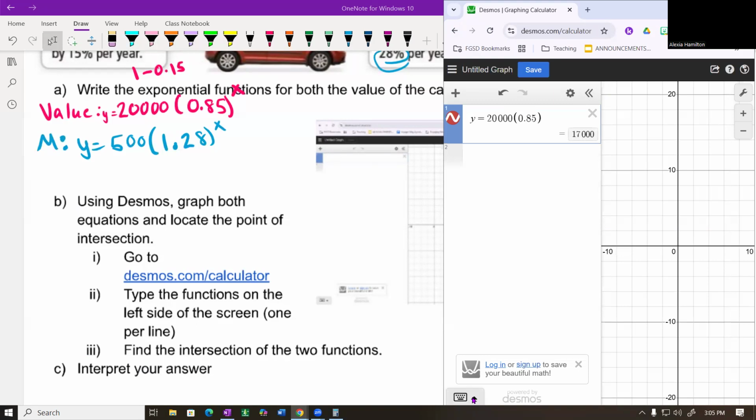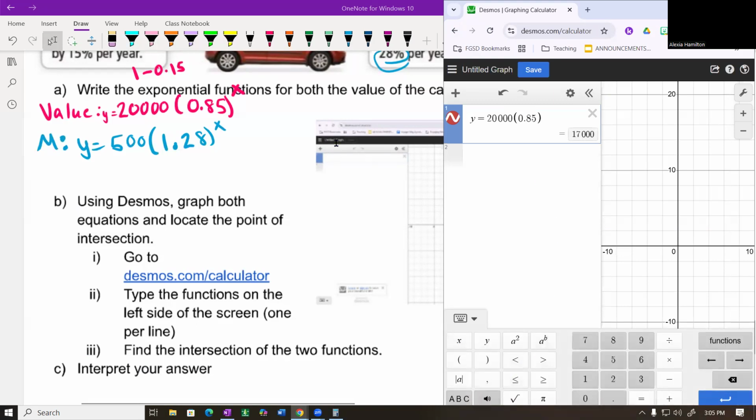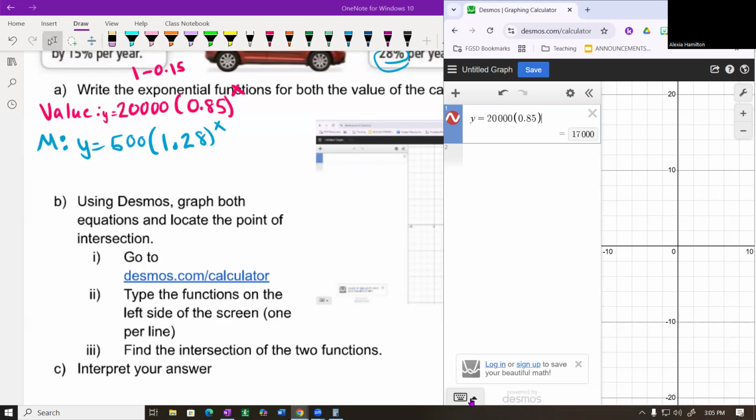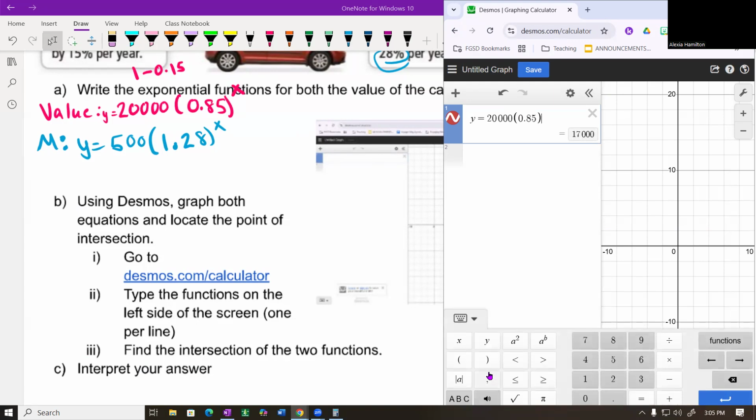Okay, I lied. I'm not just using my keyboard. To get the exponent, I have to press the button. So again, all I did was I clicked the little keyboard option here to show the on-screen keyboard. But I want the button that looks like an exponent with any particular number that I could have.